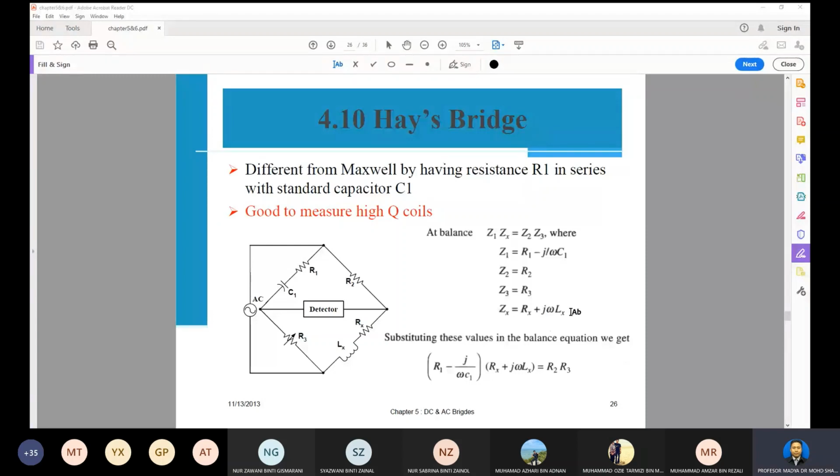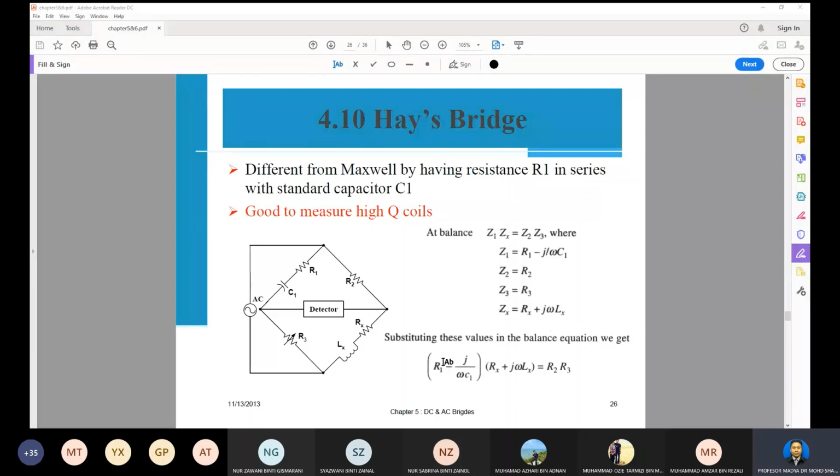We use the balance equation again and substitute all the values: Z1 multiplied by Zx equals R2 multiplied by R3, that means Z2 multiplied by Z3. From this equation, we have to derive.